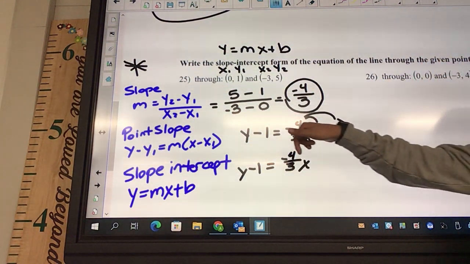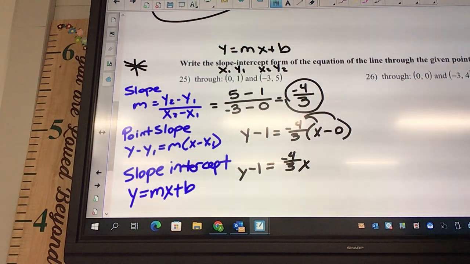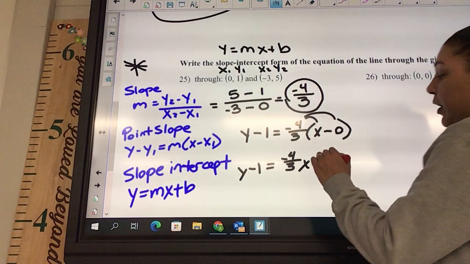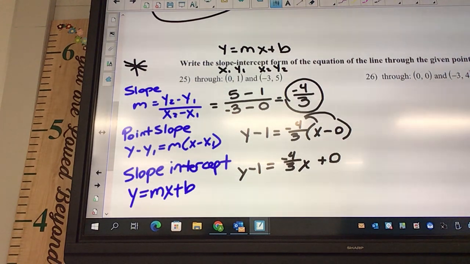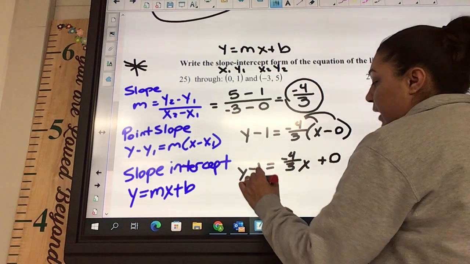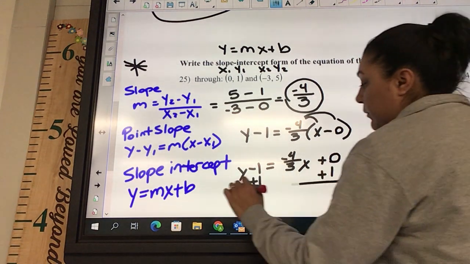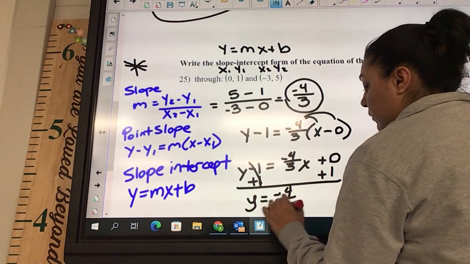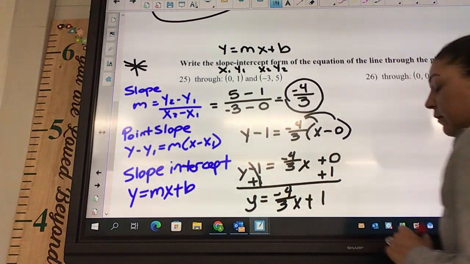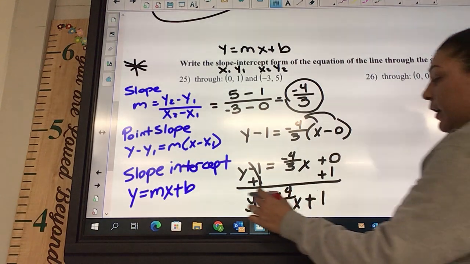And then for the back part, what is -4/3 times -0? It's 0. Okay, so you can say plus 0, minus 0, it doesn't matter. Okay, and then our last step is gonna be to add that 1 over. Okay, and then we're done.